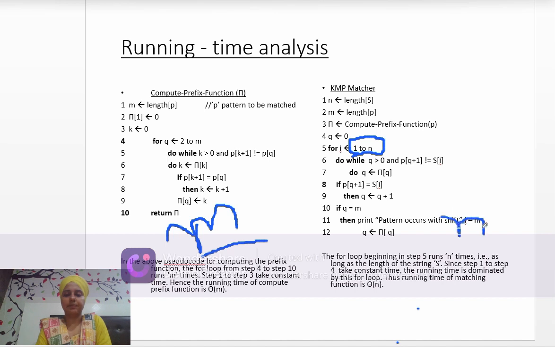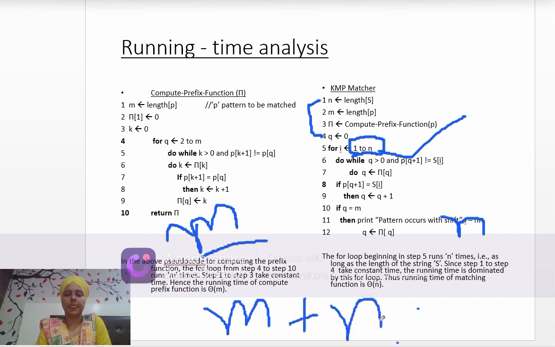So it will run n times. For assigning the values it takes constant time, but after that the loop runs till n times, so it will take order of n time. So the total time taken by this algorithm is m plus n.